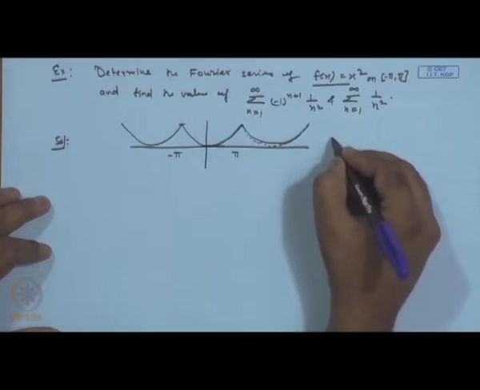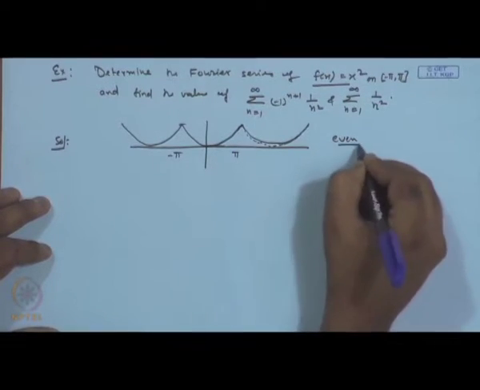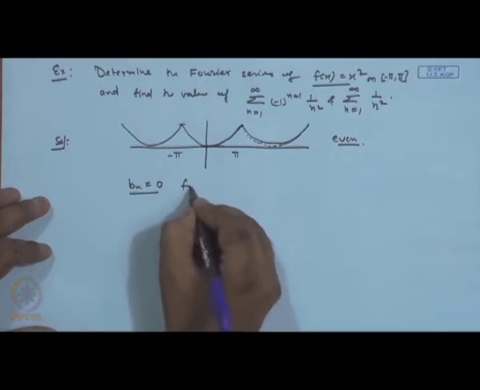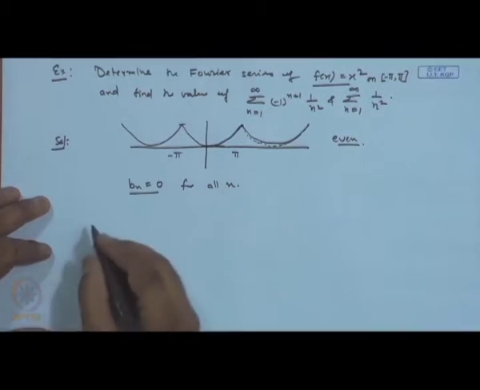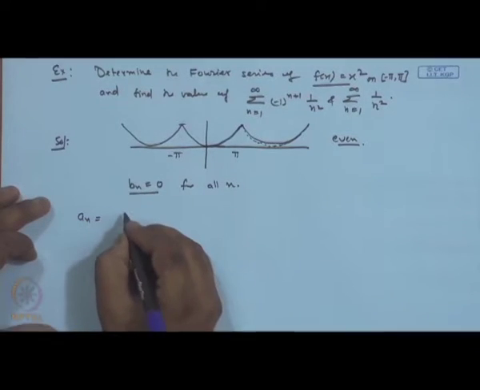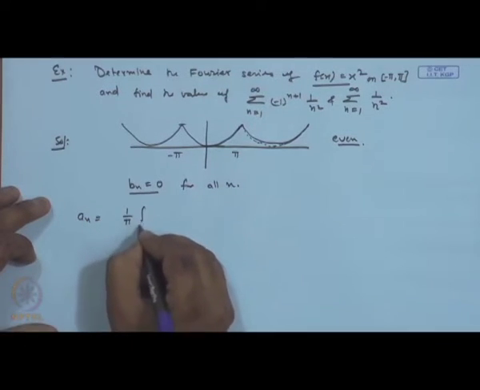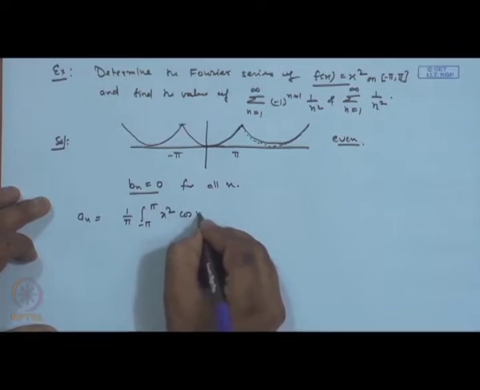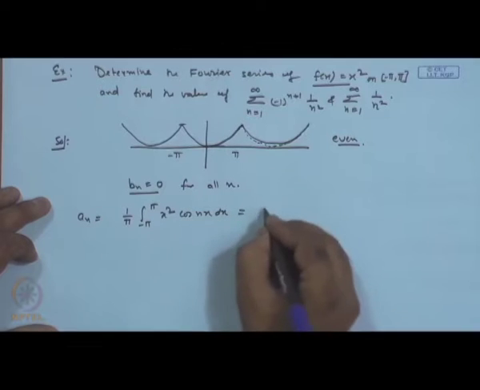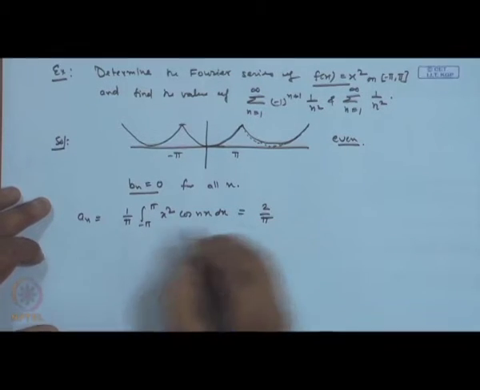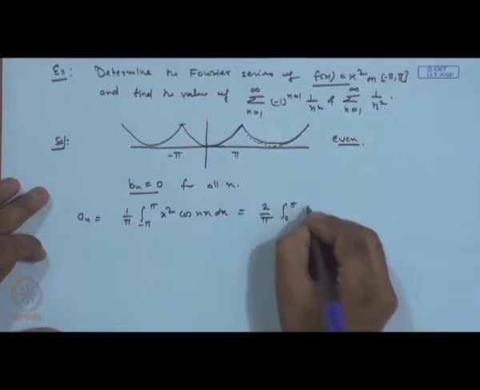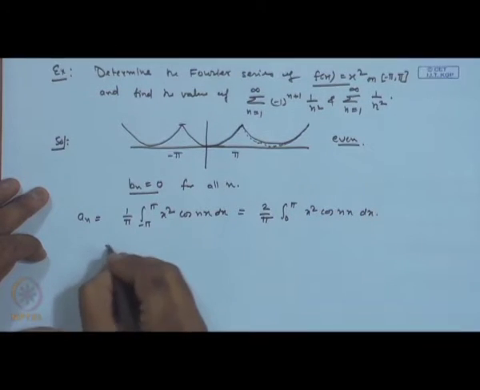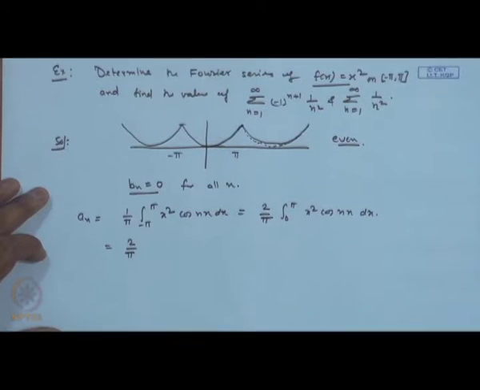So, since the function is an even function again, clearly our b_n will be 0 for all n, and now a_n we can get. So, 1 over pi times the integral from minus pi to pi of x square cos nx dx, and that will again be 2 over pi times the integral from 0 to pi of x square cos nx dx. This we can find out.